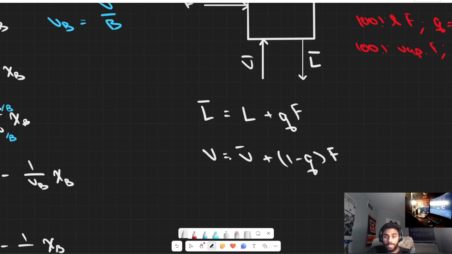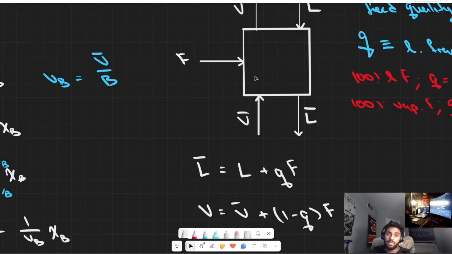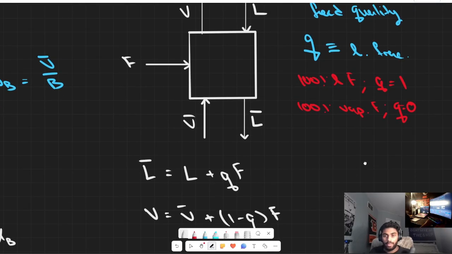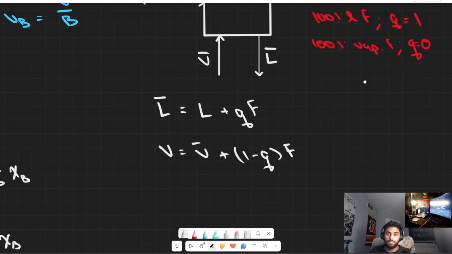So basically, now what we have are two overall mass balances for this feed stage, which we can use to derive the equation for our Q line, which is, maybe by design, Q and then Q line. So it's a bit more intuitive than it leads on.